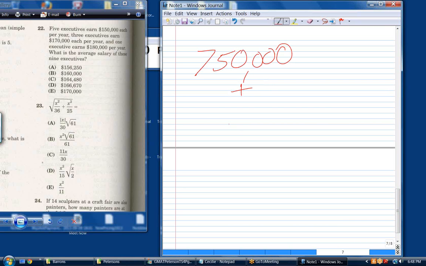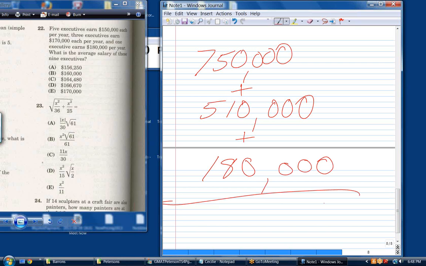And then the 3 executives that earn 170 earn 510. And then 1 earns 180.